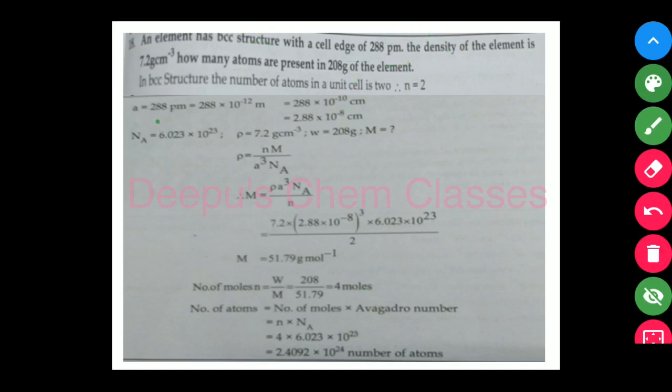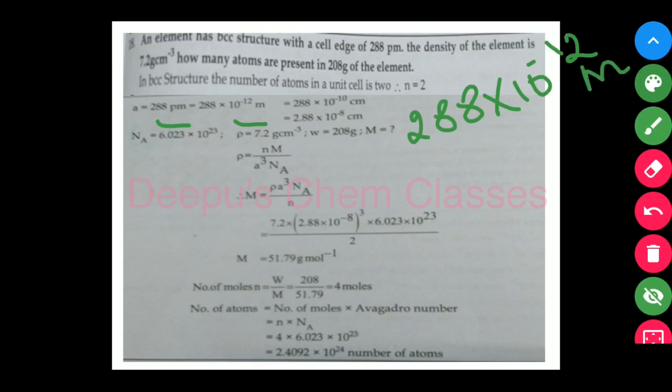A is equal to 288 picometer. 1 picometer is equal to 10 to the power minus 12 meter. Convert them into centimeter. So it is actually 288 into 10 to the power minus 12 meter. Otherwise you can write in centimeter as 288 into 10 to the power minus 10 centimeter.